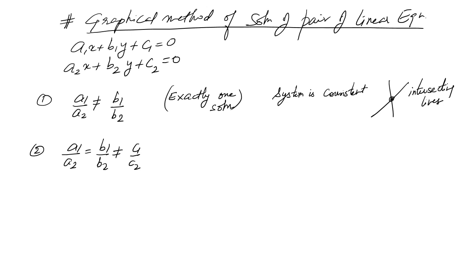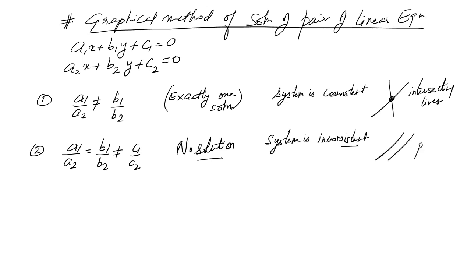So here we will have no solution. And system is inconsistent and graph will be parallel lines. ठीक है जी? Graph will be parallel lines.